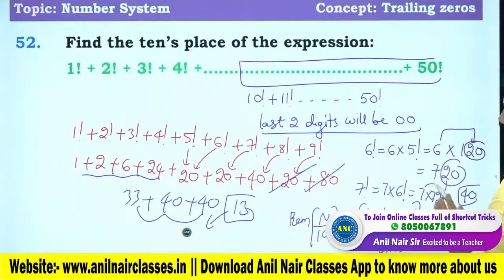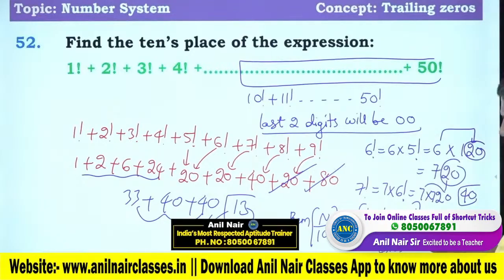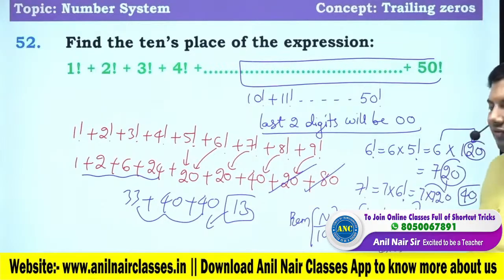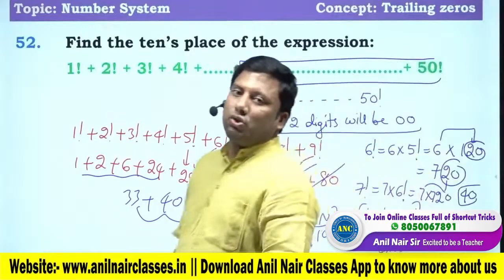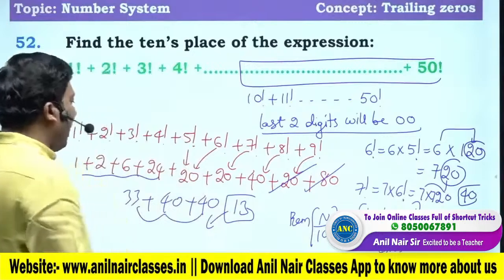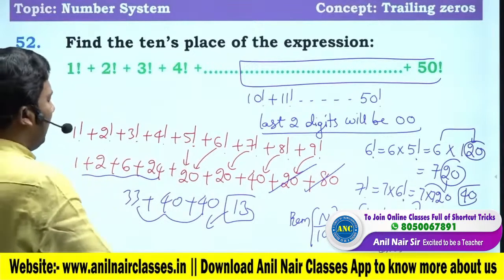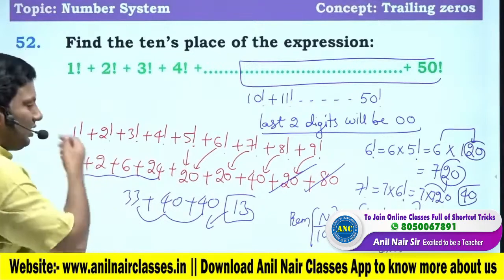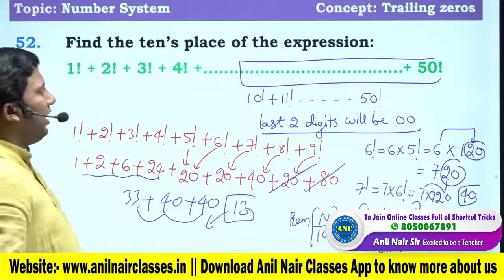Till 4 it is perfectly divisible. 3 factorial is 6, 2 factorial 2, 1 factorial 1. 6 plus 2 plus 1, 9. 4 2s are 8. Remainder is 1. When divided by 4, it should give a remainder 1. Like that also you can do. I hope the idea is clear.